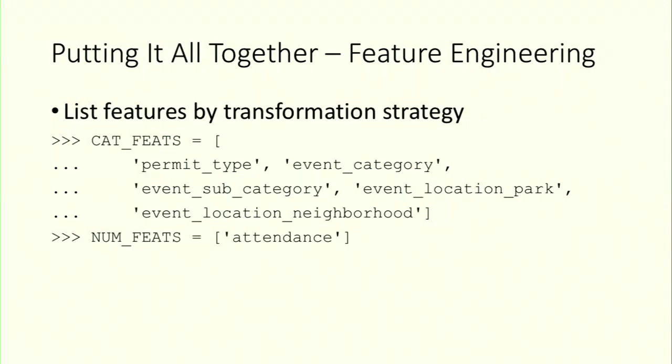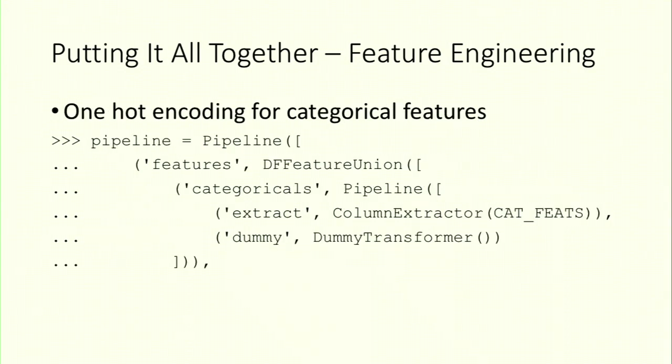Great, so now let's put it all together and fit a more complex predictive model. I'll make a list of the categorical features. We've got the permit type, the event category and subcategory, the park, and the neighborhood. And then the numeric features, well, the only one was attendance. Now we'll create our feature engineering pipeline. This pipeline has two components. It has the features, which is a data frame friendly feature union, and the code for that is in the GitHub repo.